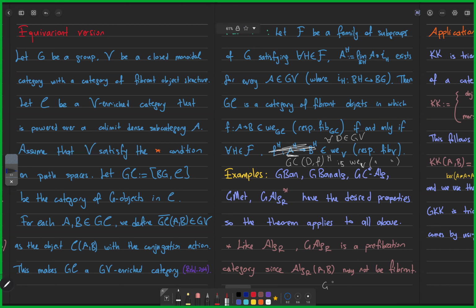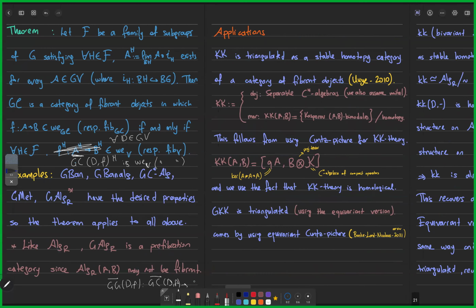GC bar DF is an arrow from GC DA to GC DB.